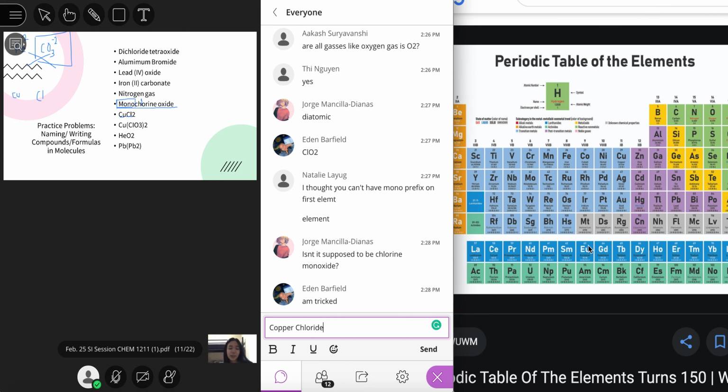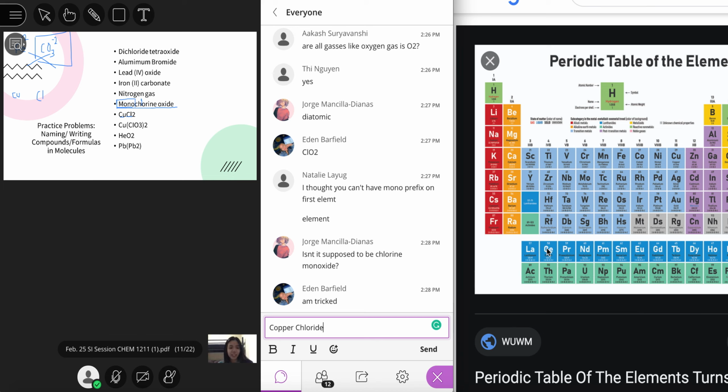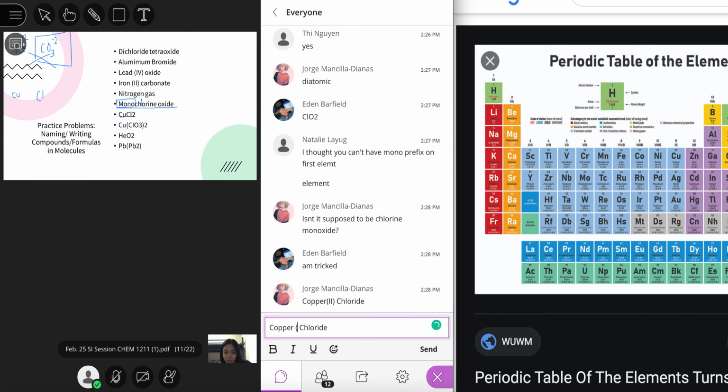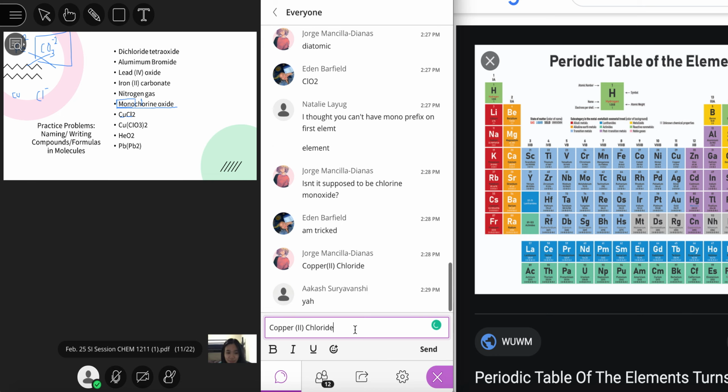What's the first thing we would do? Or what's the name for this? Copper 2 chloride. Okay, do we agree, disagree? Yes, exactly. Because the 2 is over here since there's nothing on this side, that means this one has to be 2, which means it has to be copper 2 chloride.